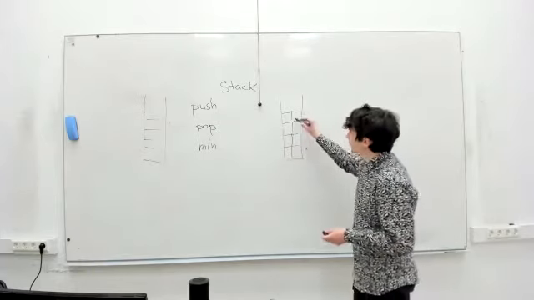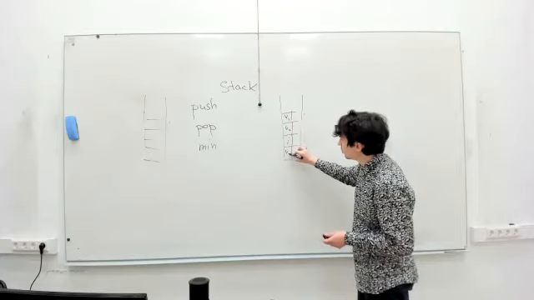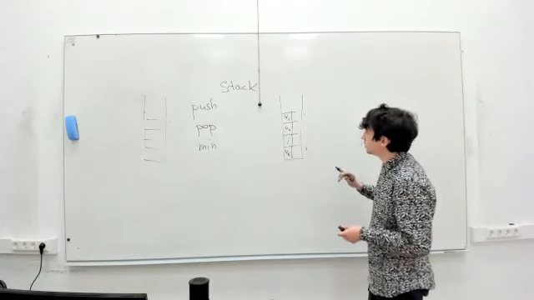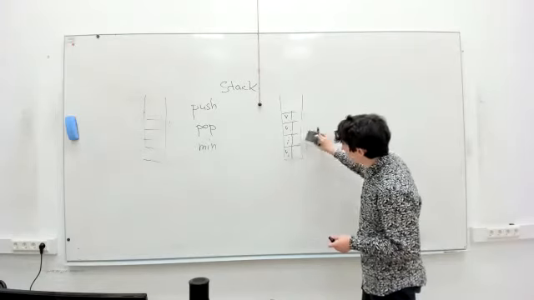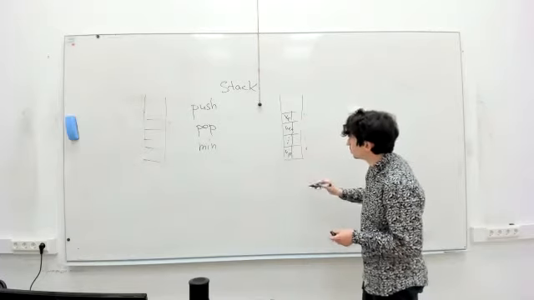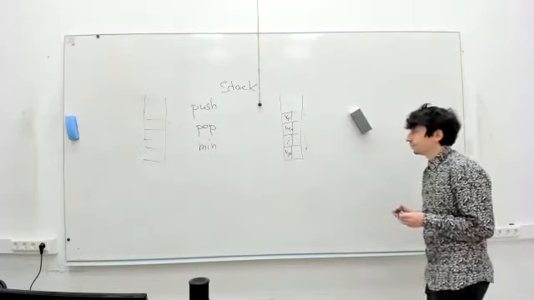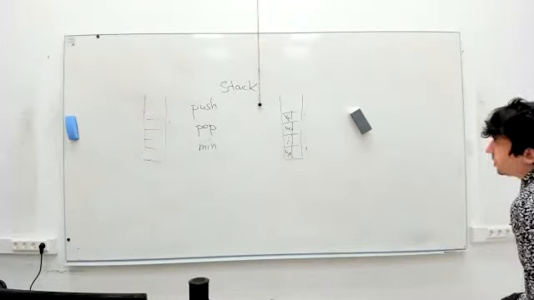So this is the element V1, V2, Vk, V top -1, 0, something like that. So these are the values, and we can store something in addition to it.